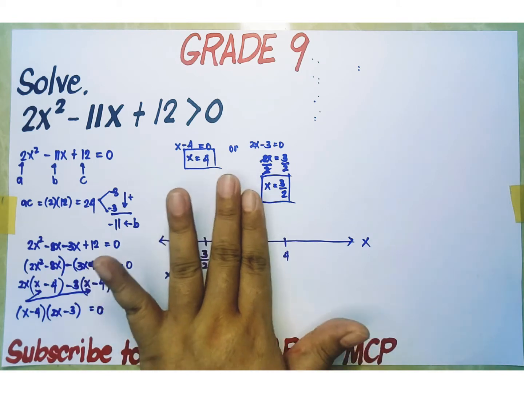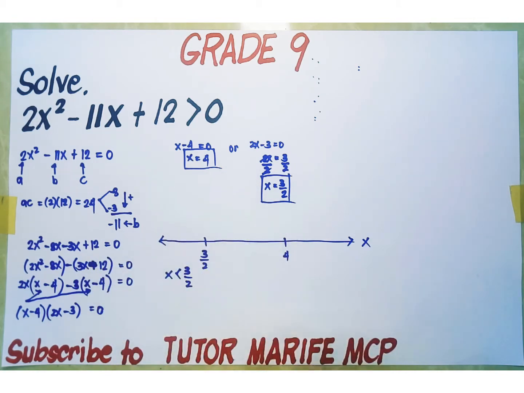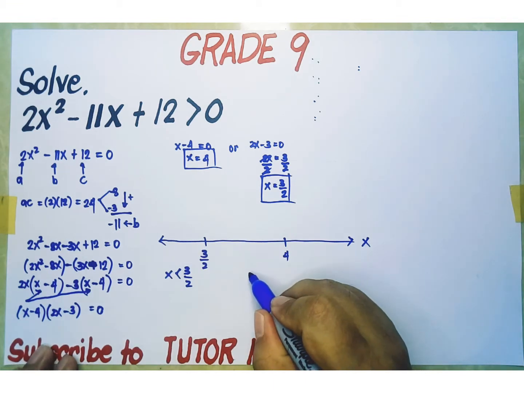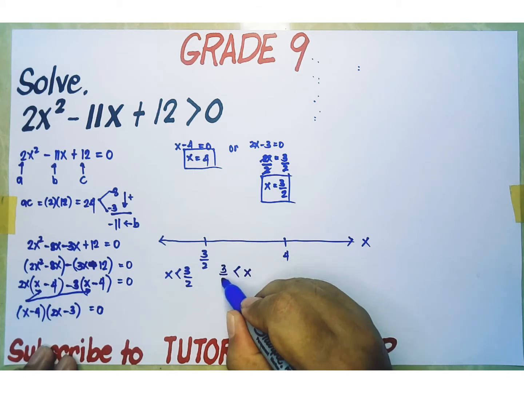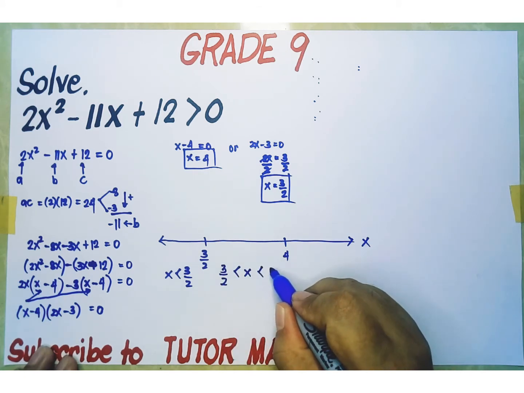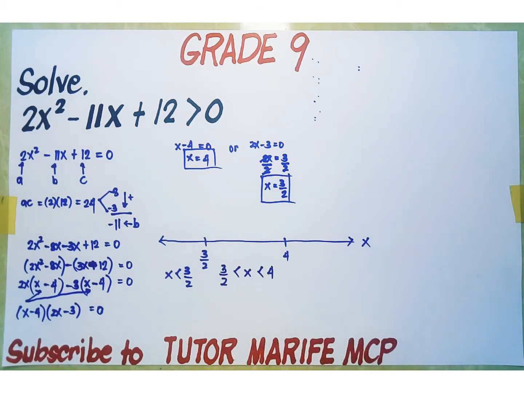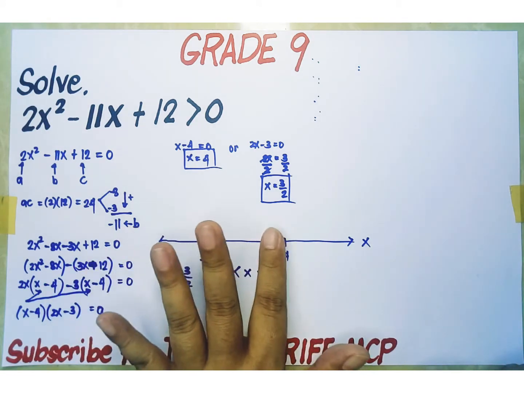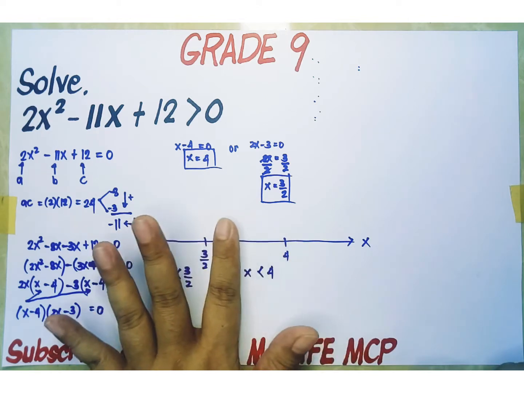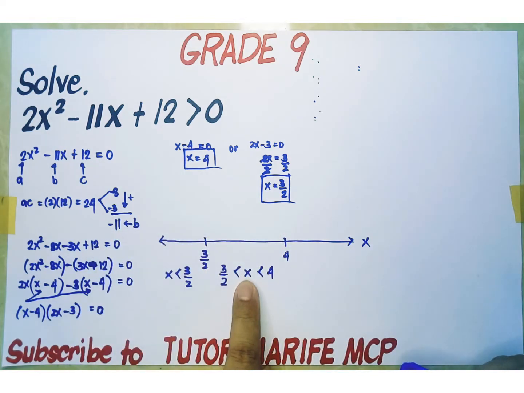This is our mid region or section. We represent this section by the interval x greater than 3/2 but less than 4. All the real numbers that fall within this section is represented by x greater than 3/2 but less than 4.